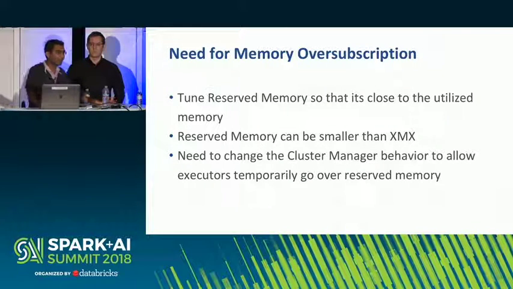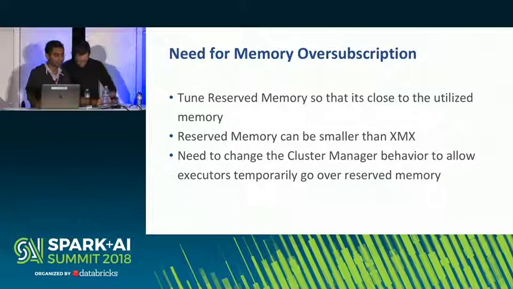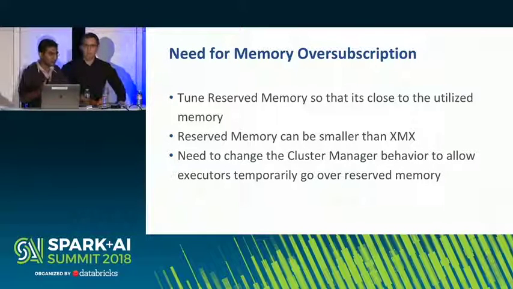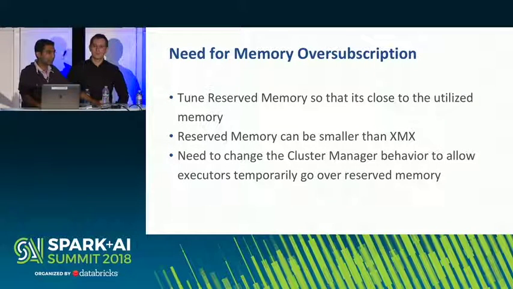So the high level idea is reserving as much memory as needed by the application. So we might be able to reserve memory which is less than the Xmx of the Spark executor. Please note that memory oversubscription is not as safe as CPU oversubscription.